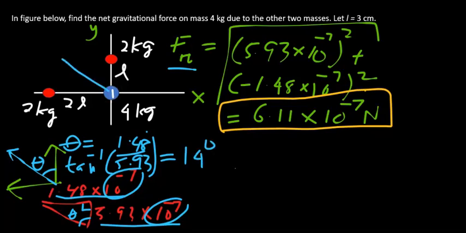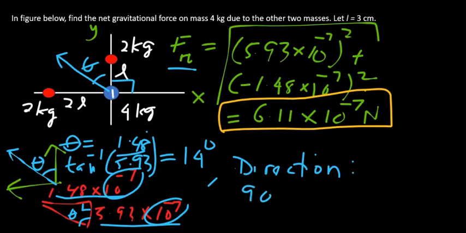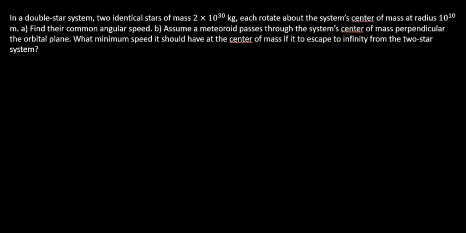We can measure the angle in a standard way, since this is 14 degrees and this is 90 degrees. So in a standard notation, the direction of that net force on the 4 kg object is 90 degrees plus 14, which is 104 degrees. And that's the answer. Problem 2.